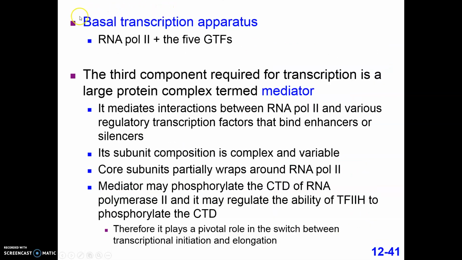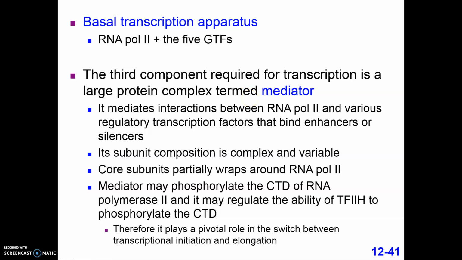So for basal transcription, we need the RNA polymerase II and the 5 general transcription factors. The third component that we need is this large protein complex called the mediator. There are many subunits, and it's kind of a mix and match scenario.